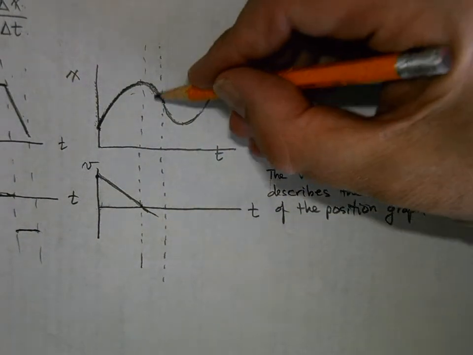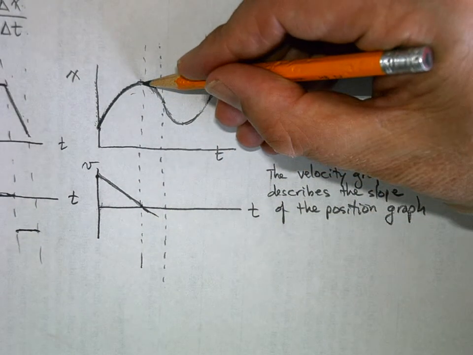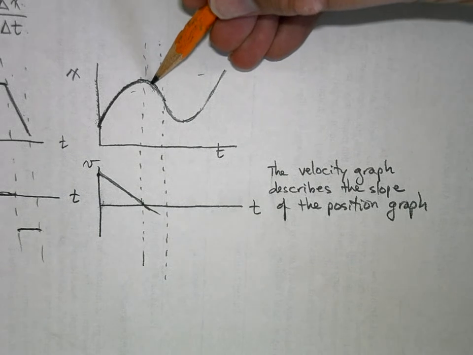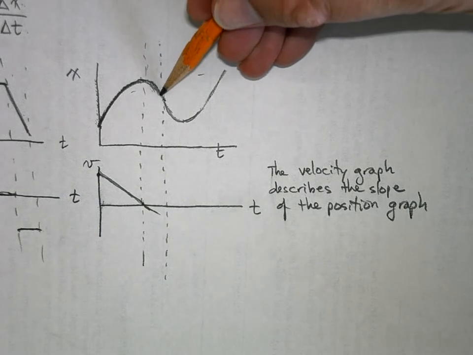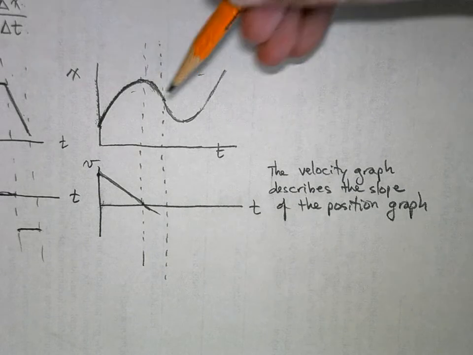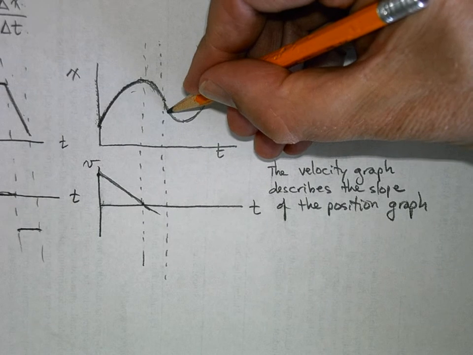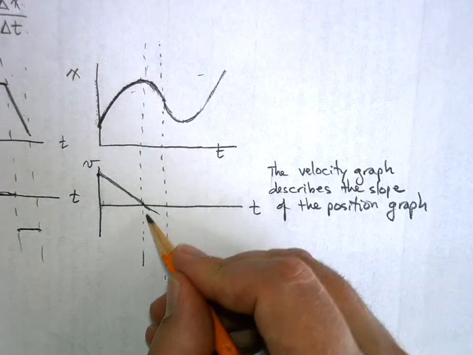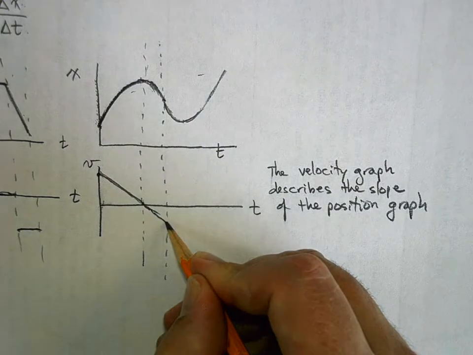What's happening? See, my velocity starts at 0, negative, more negative, faster and faster until I get here. Now what happens to my slope? It starts getting shallower again, right? Shallower and shallower. So this means it's at its maximum negative slope right here.